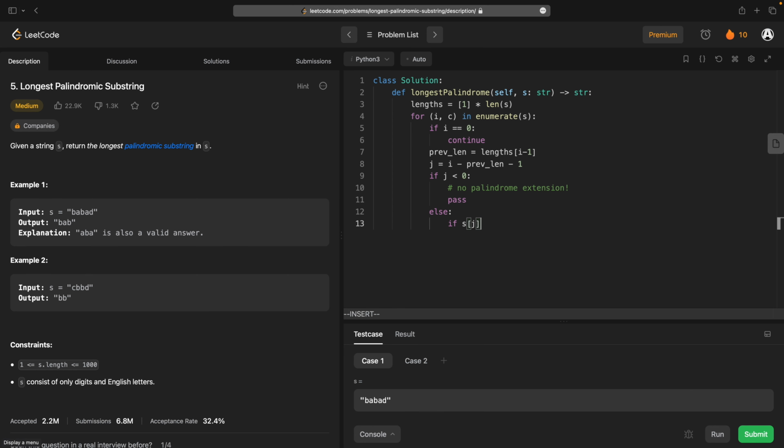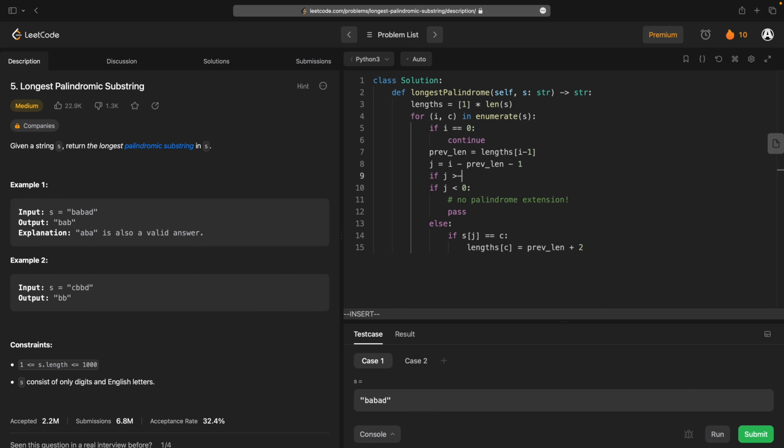If s[j] is equal to c, length c is equal to prevlen plus 2. In fact, no, I need to change how this is done.